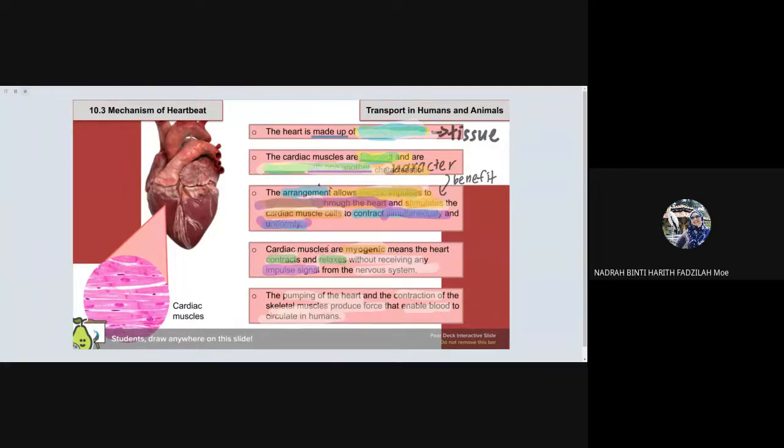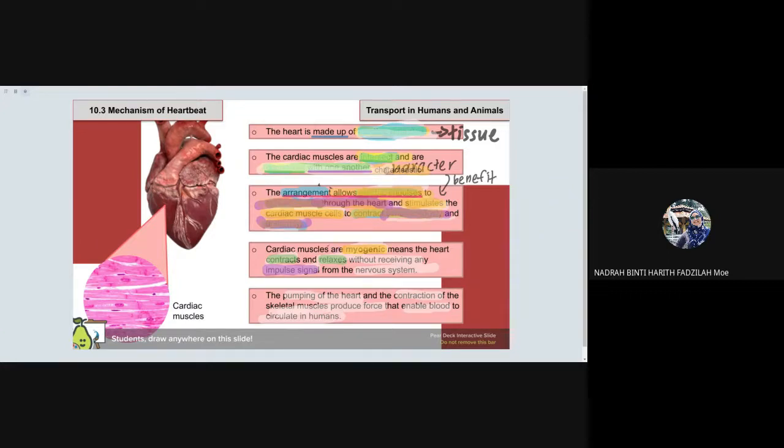Okay, so tak adalah nanti ada isu several volumes of blood still stays in certain compartments, tidak dapat dipump keseluruhannya ke other parts of the heart kan.